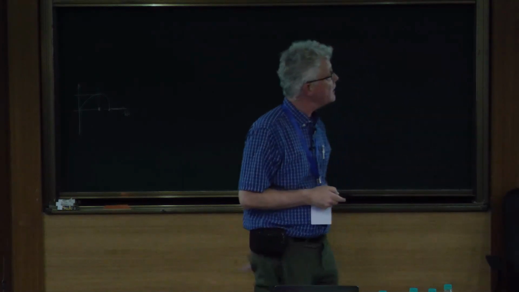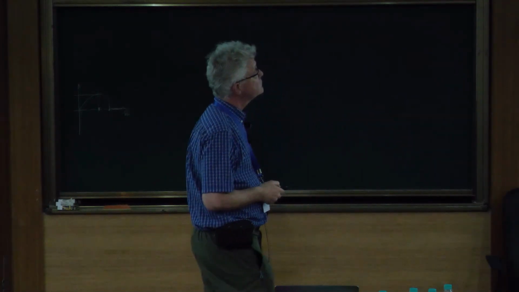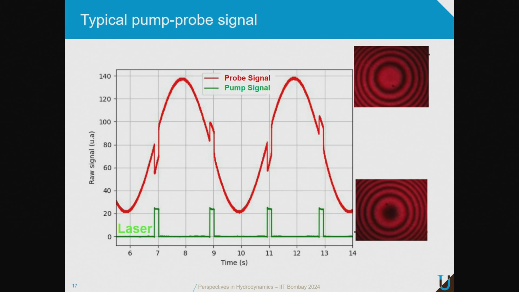So, this is the kind of signal we can get, just to give you, because I will play with that. This is your reference signal that you can get by actuating your lens, for instance, or as you will see later, if your drop evaporates.